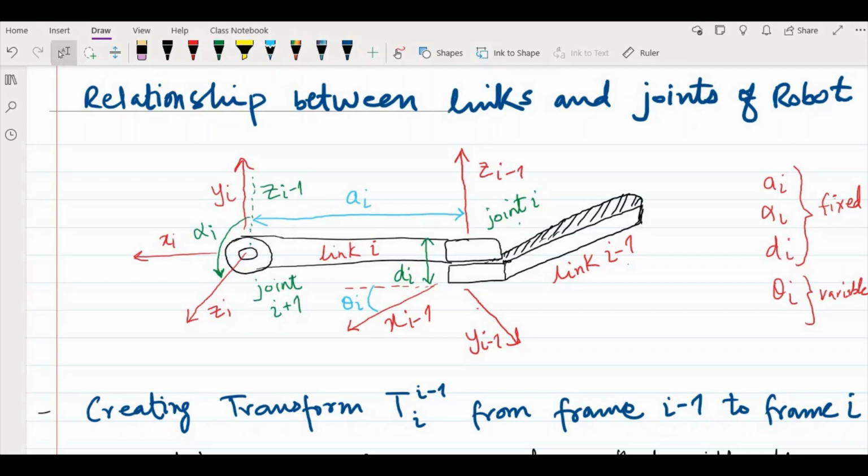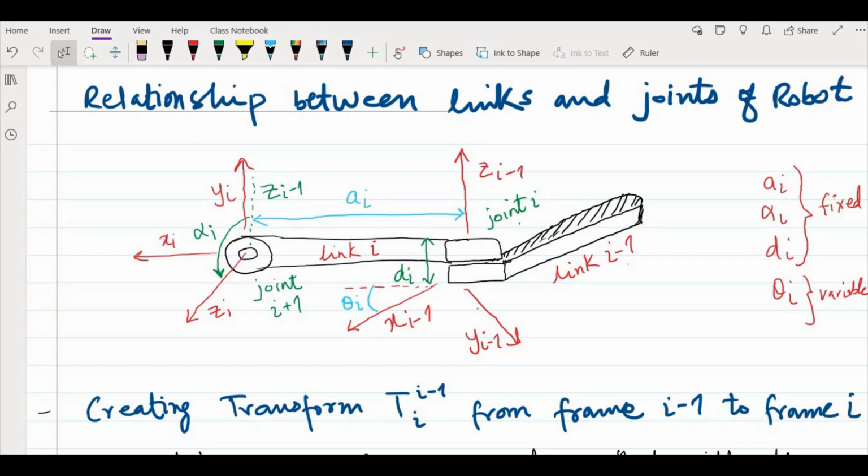This angle is called the link twist angle. Here alpha is the link twist angle, and it will align the z-axes of the two frames. So it helps to relate the next z-axis with the previous z-axis.